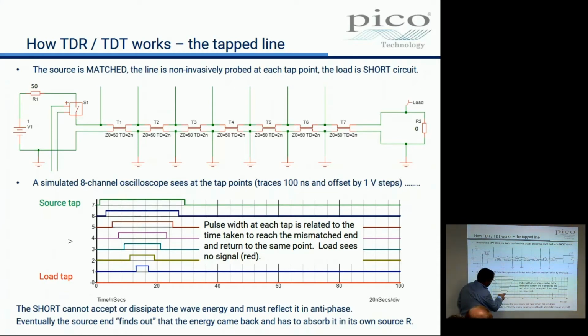But what comes back is ding, ding, ding, a pulse. And eventually this point knows that there was a short on the end, so we went up to half a volt. 28 nanoseconds or nearly to go all the way to the end of the cable and come all the way back.